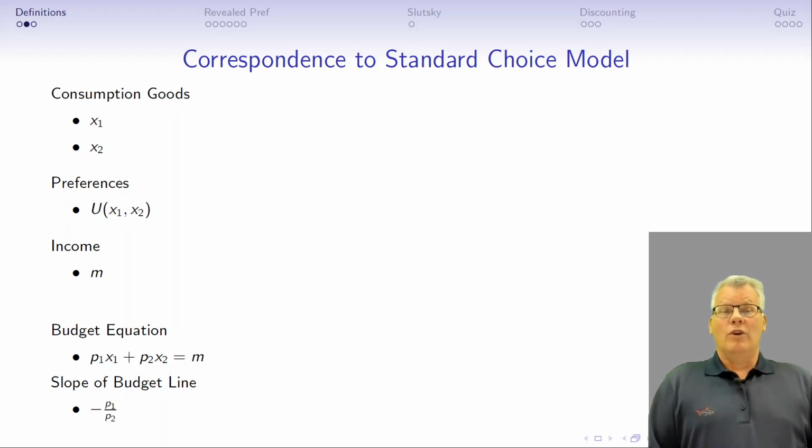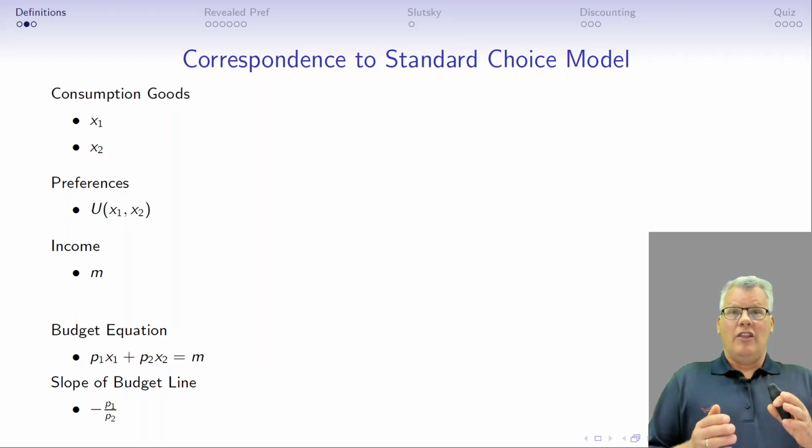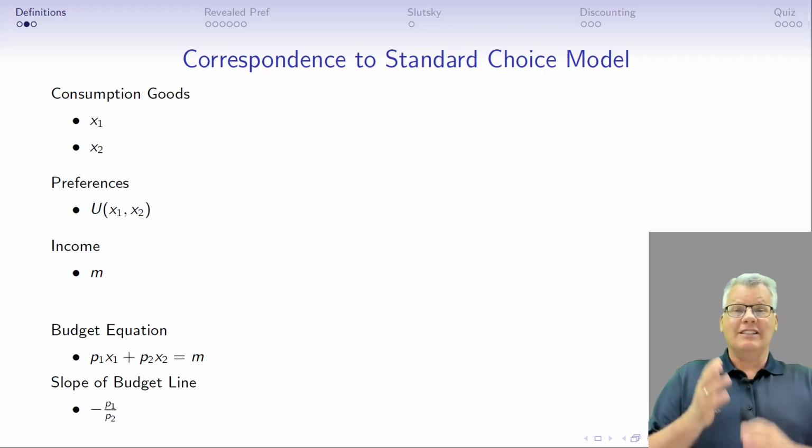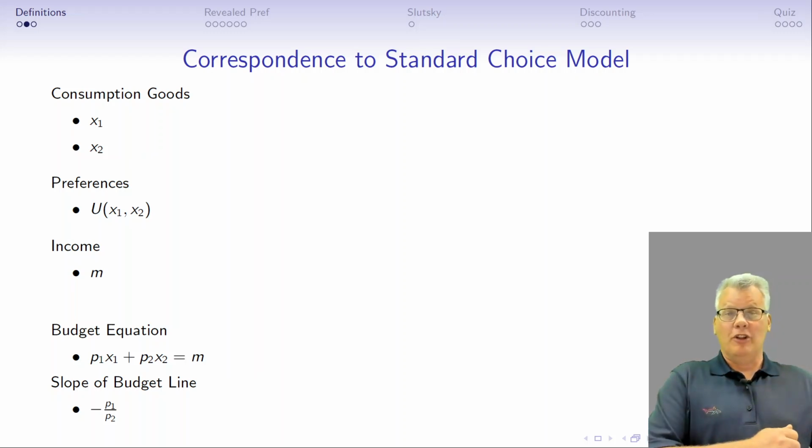Income was assumed as given, and this was the amount that could be spent on the two consumption goods. We combined all this information with the budget equation, and you see the conventional form that we have talked about at great length, P1x1 plus P2x2 equals M. And finally, you remember we could reorder that budget equation and express the vertical variable as x2, the horizontal variable as x1.